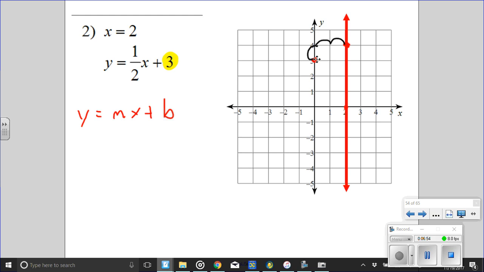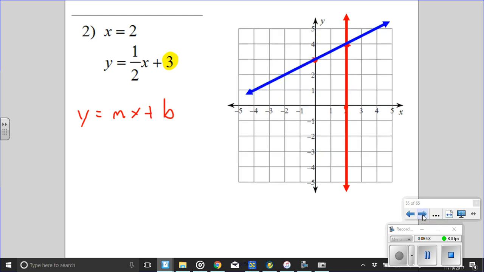Now we have our 2 points here and we can draw a line like so. All right, now the last part is to figure out what the solution is. Where does it cross? Well, it crosses right here, and that's going to be over 2 and up 4. So our solution here is going to be 2 comma 4.